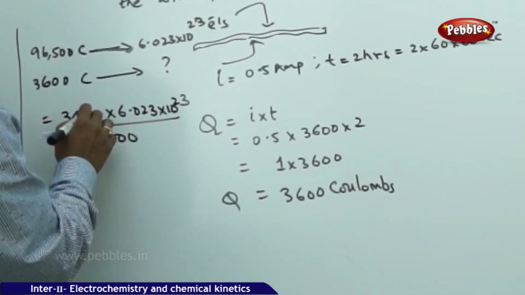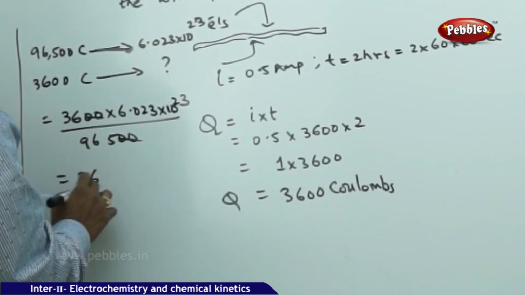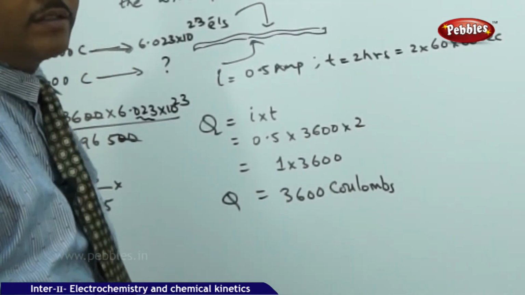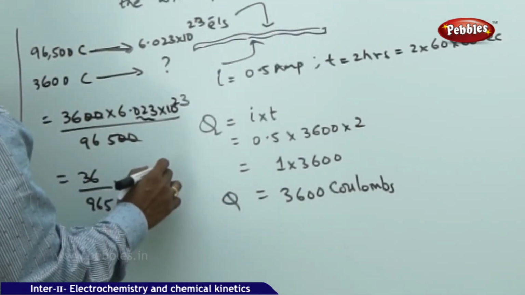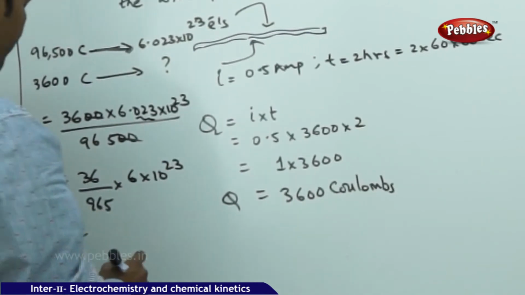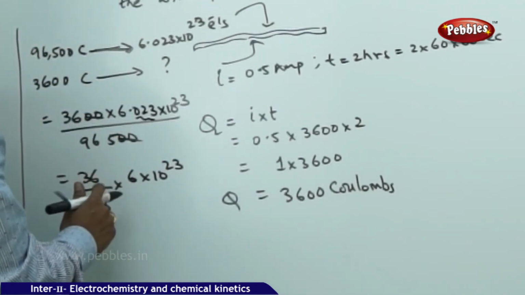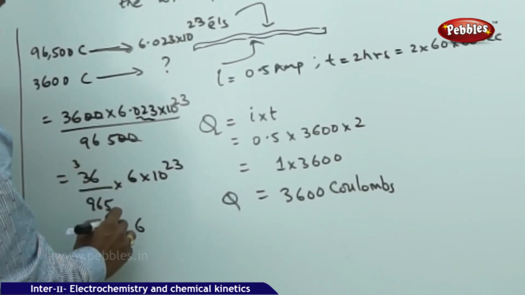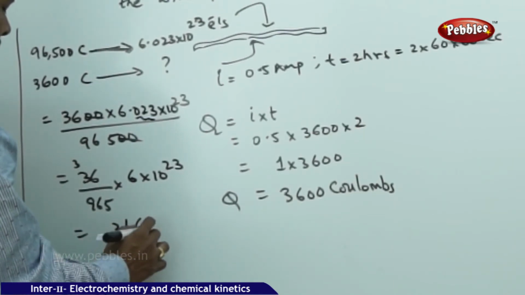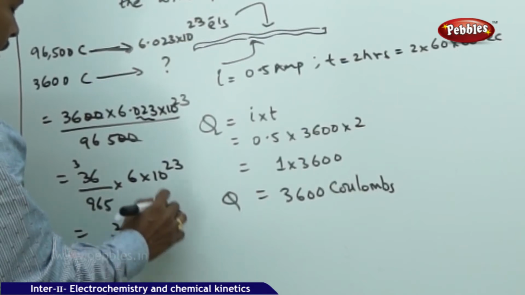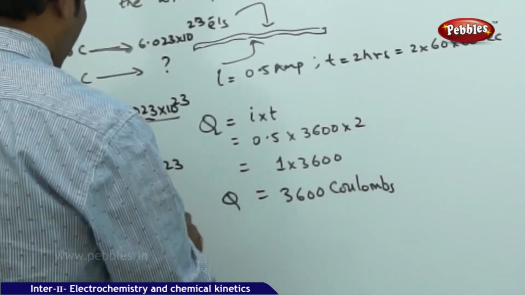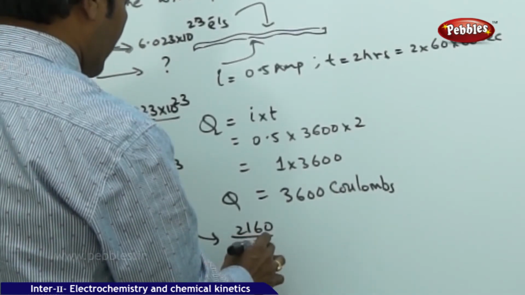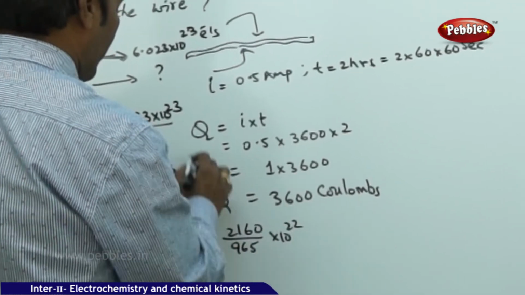These two zeros get cancelled. 36 divided by 965 into, approximating 6.023 as 6, 6 into 10 to the power of 23. 6 sixes are 36, and so on, so 216 divided by 965 into 10 to the power of 23. This value you can convert to 2160 divided by 965 into 10 to the power of 22.